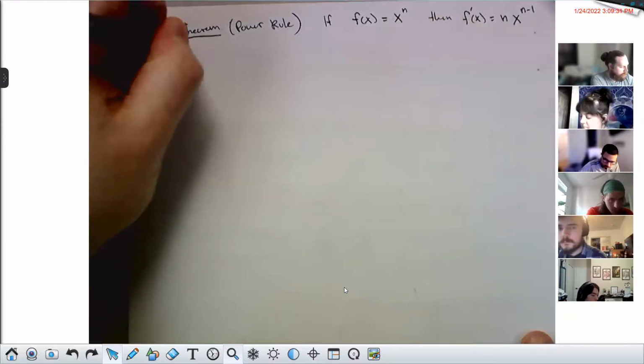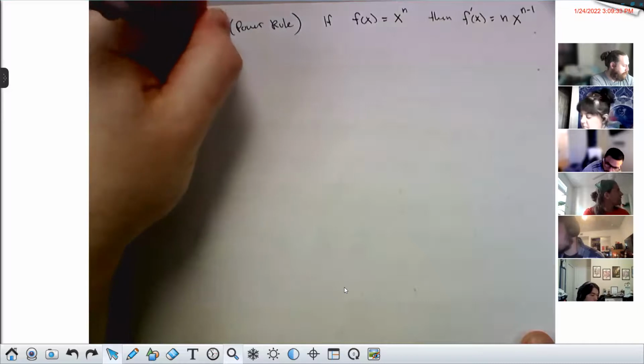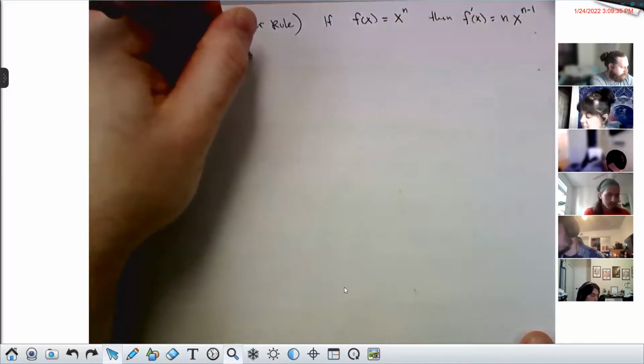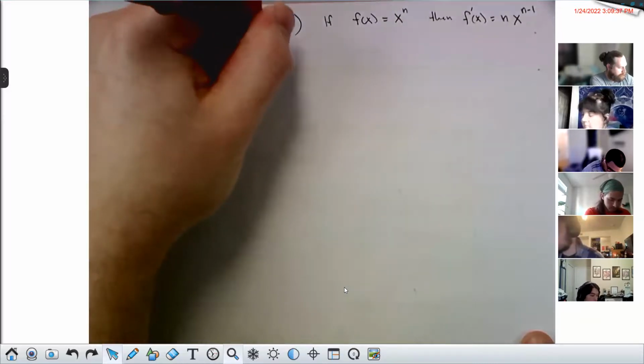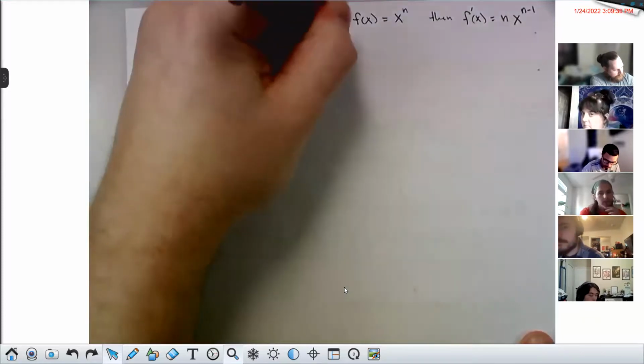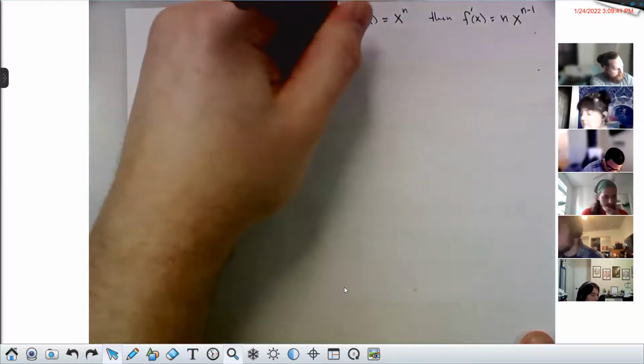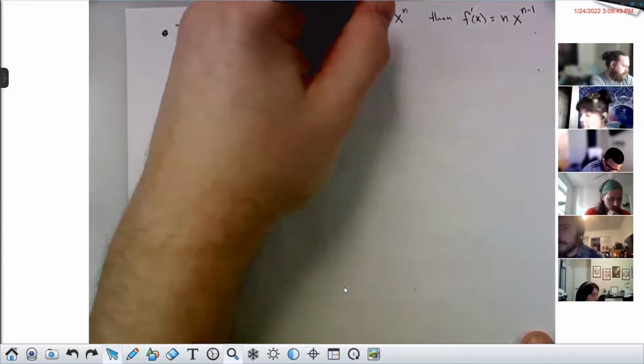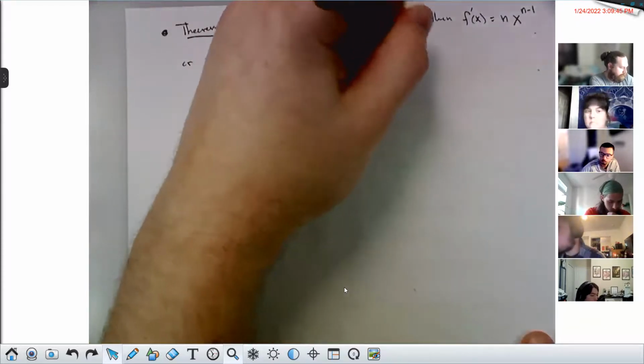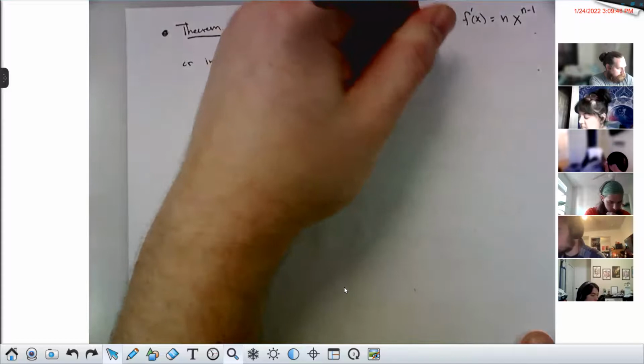Or in Leibniz notation, d/dx of x to the n is n x to the n minus 1.